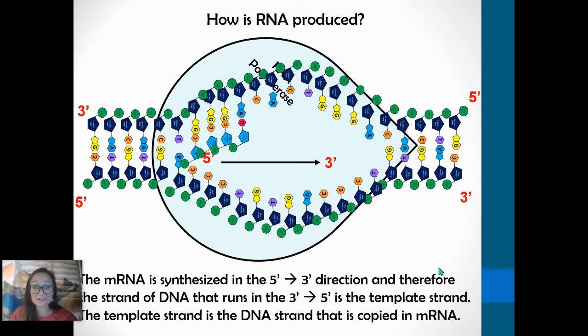This right here is transcription, using the DNA to make a copy into RNA. Now you notice in RNA, there are no T's. There are no thymine nitrogen bases. So on this last addition, watch how the A is going to pair with the U.